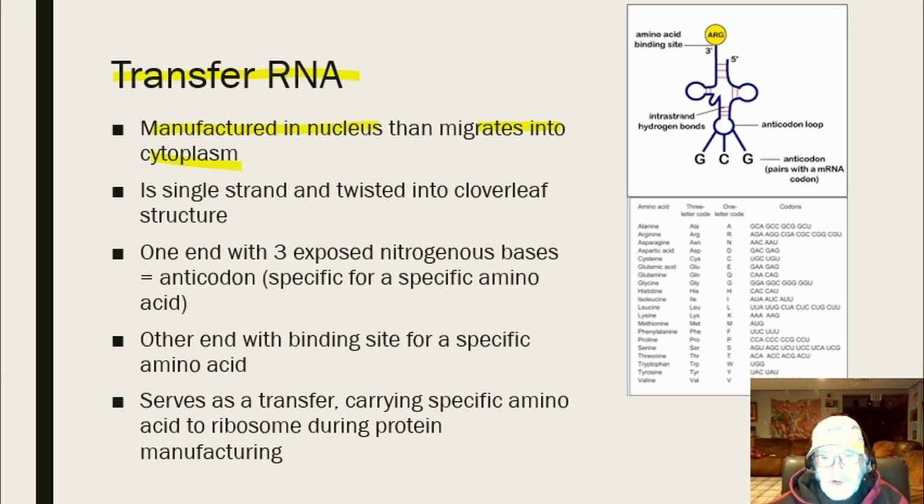Where I looked at my messenger RNA is basically a strand. My ribosomal RNA is more nodular. My transfer RNA looks like a 4-leaf clover. Does it look like this? Come up like that, and on the top of that 4-leaf clover is attached an amino acid.